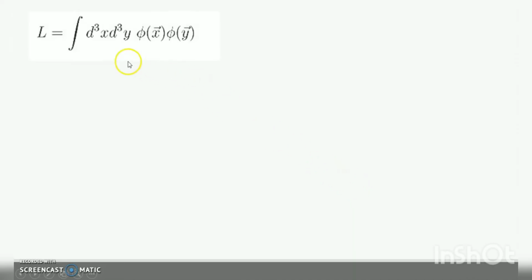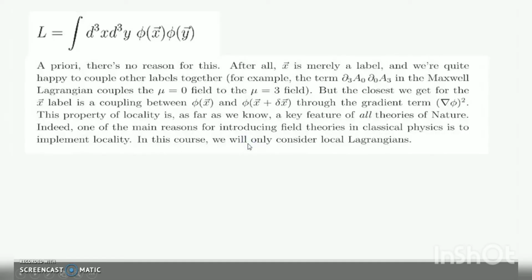Okay, so this way I can write the Lagrangian. A priori there is no reason. After all, x is merely a label. We are quite happy to couple other labels together.